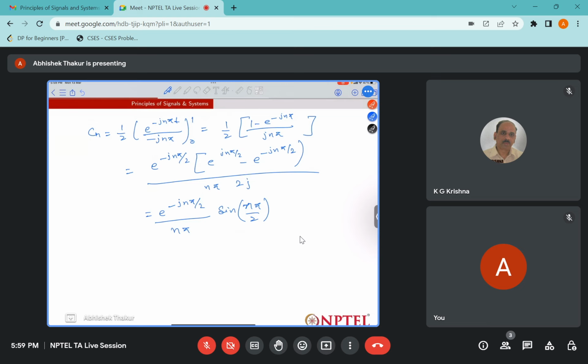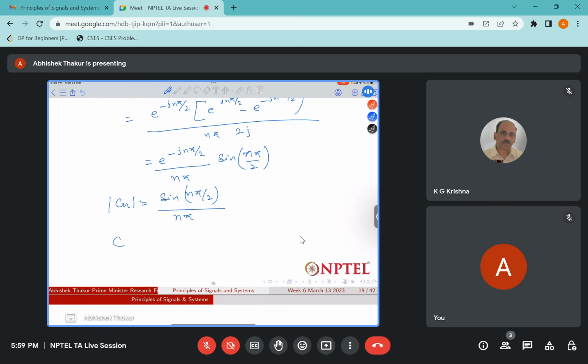Now the magnitude of Cn will be sine of n pi by 2 divided by n pi. The magnitude of Cn is equal to 0 when n is even, because the sine will be 0.